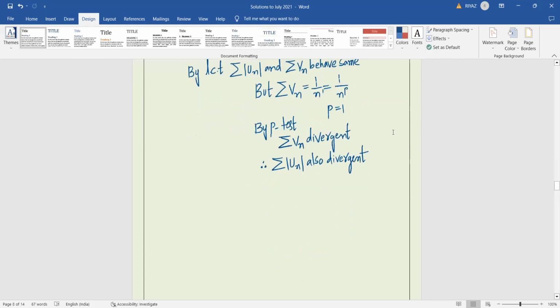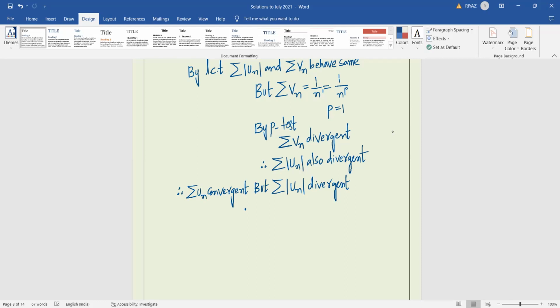So therefore, write the statement here and finish. Therefore summation un is convergent, but summation mod un is divergent.